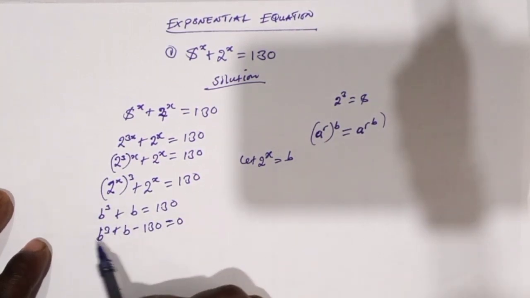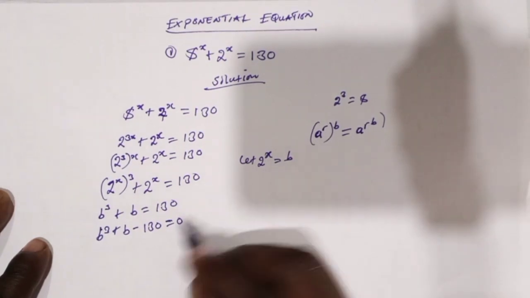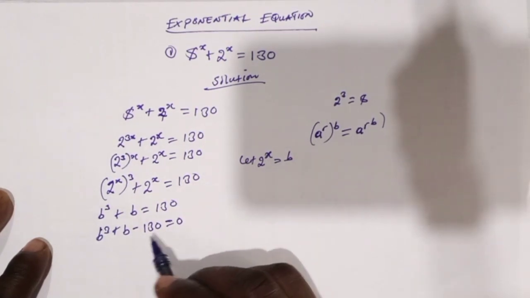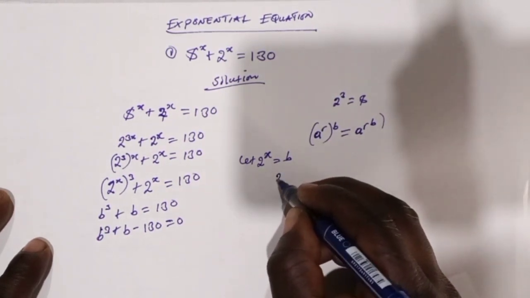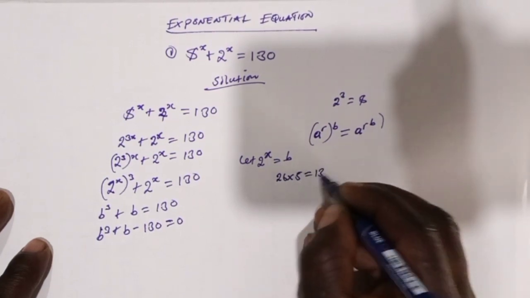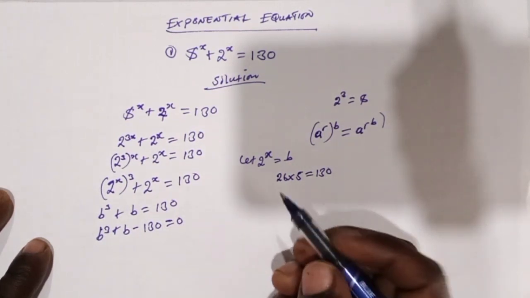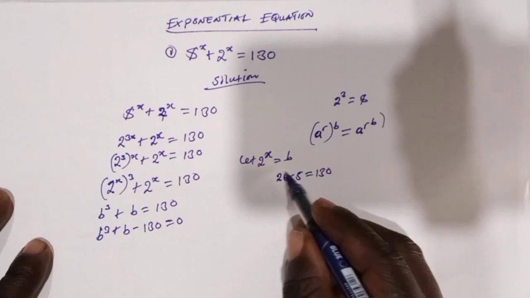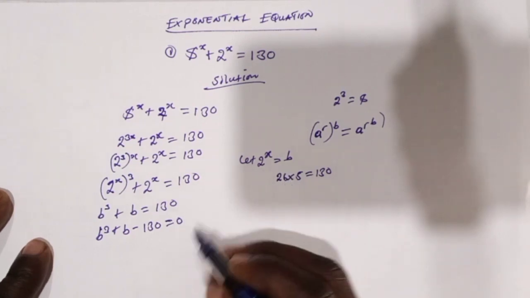If you can see, this is a polynomial equation, so we are going to look for product and sum. Let's try to multiply 26 by 5. It will be 130. And here there is only one b term, which is 1. So we look for the number we can subtract from 26 which will give us 1, which is 25.